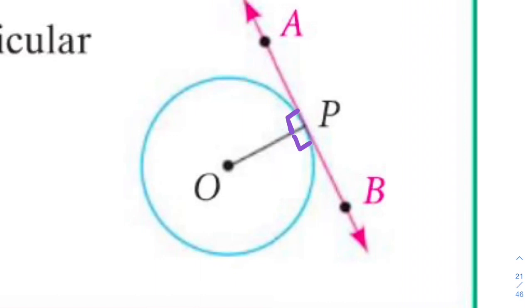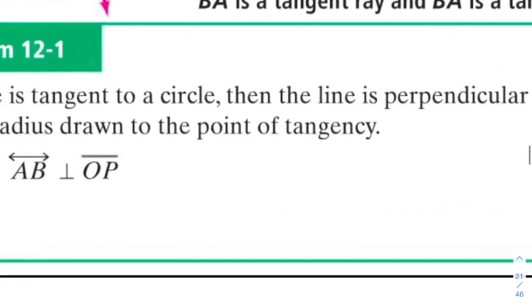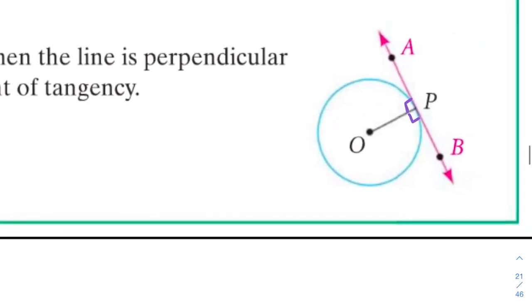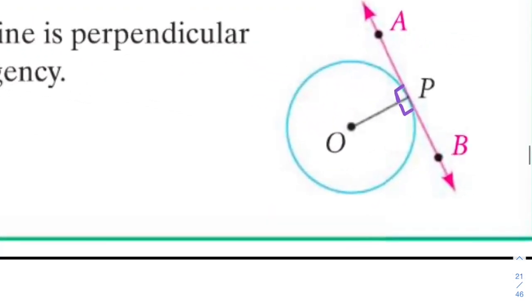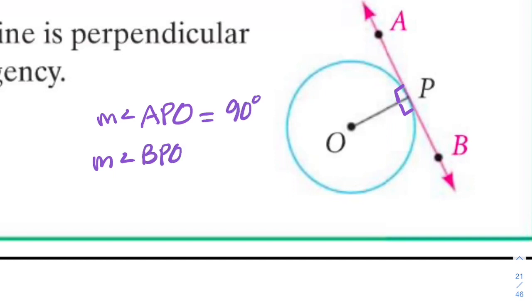APO is a right angle and BPO is a right angle. So we could actually say the measure of angle APO and the measure of angle BPO is 90 degrees.